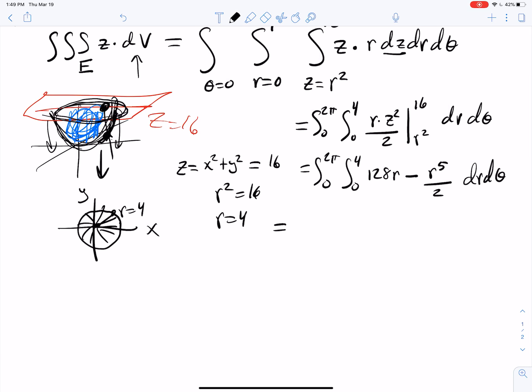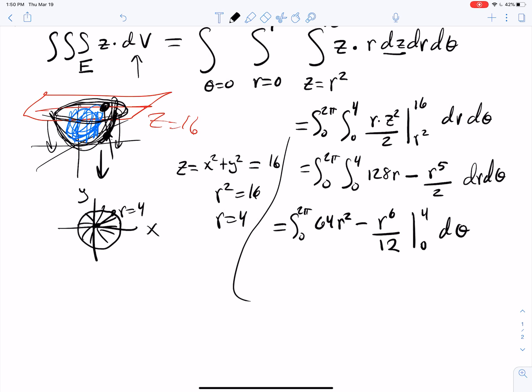Okay, now I can integrate my r's. So I'm going to get half of 128 is 64r squared minus r to the 6 over 12, evaluated from 0 to 4, d theta.